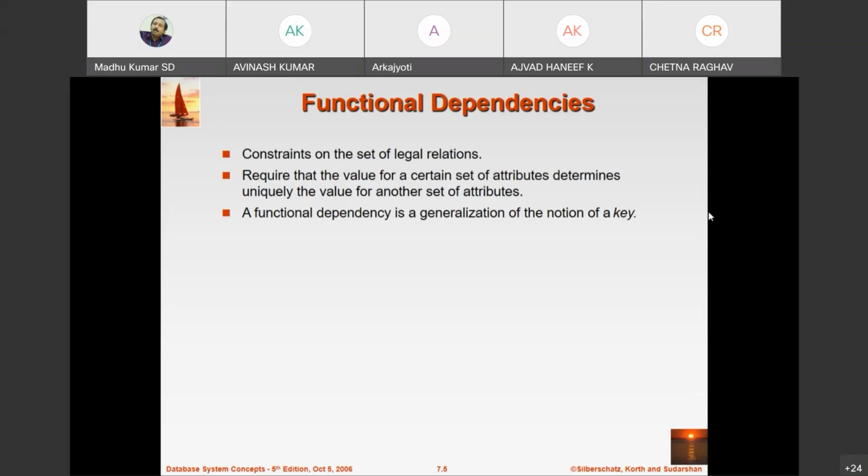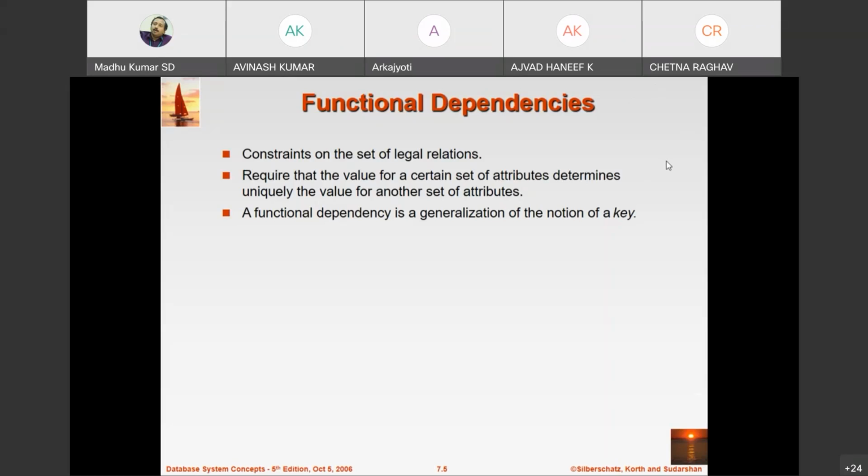It may be that two students have different roll numbers but the same name. Suppose there are two Avinash Kumars in the same class; they will definitely have two different roll numbers. So from the name we will not be able to say what the roll number is. That means the roll number functionally determines the name, but the name does not determine the roll number.